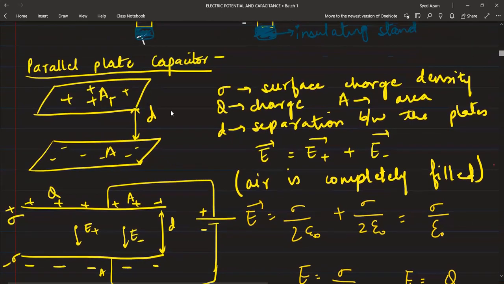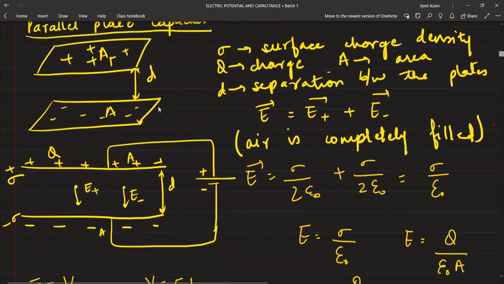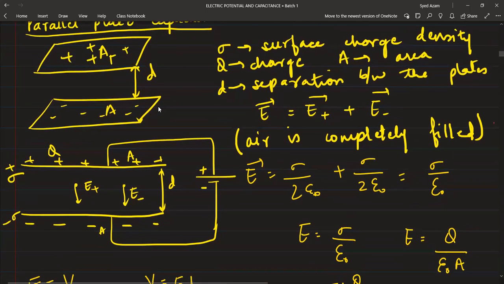Basically, in all the derivations of parallel plate capacitors, you need just one formula, that of the potential gradient which we have seen. The potential gradient's formula was E is equal to dV over dr, that is potential divided by the distance.